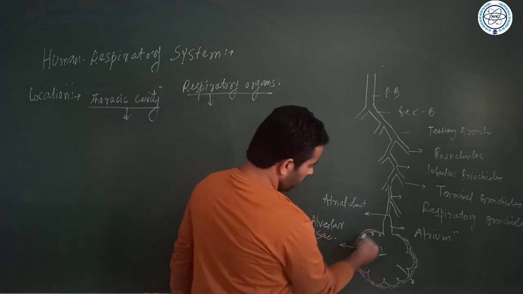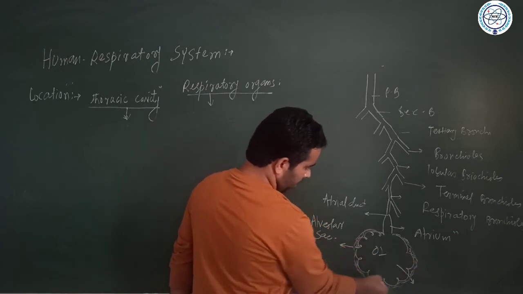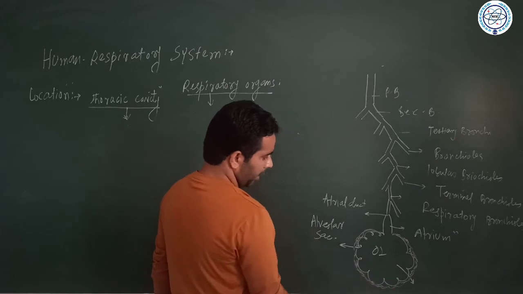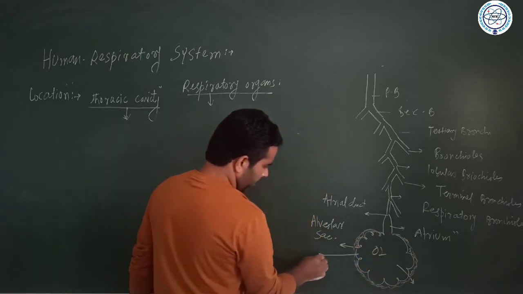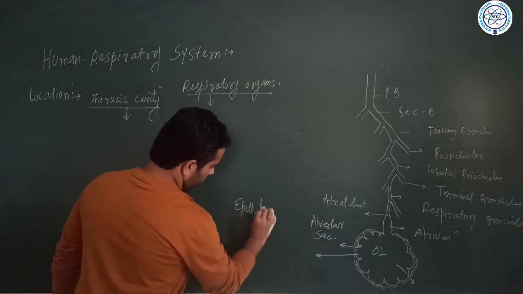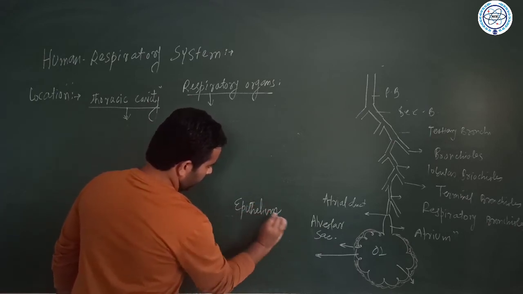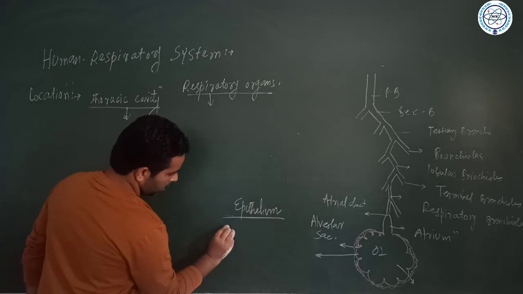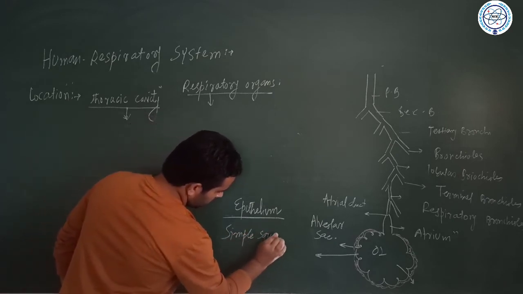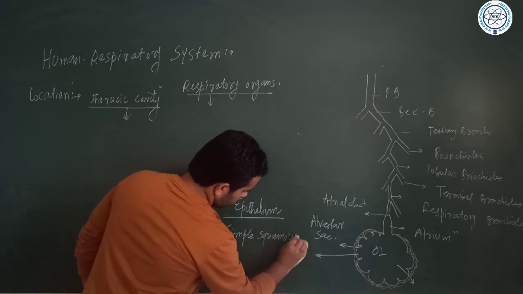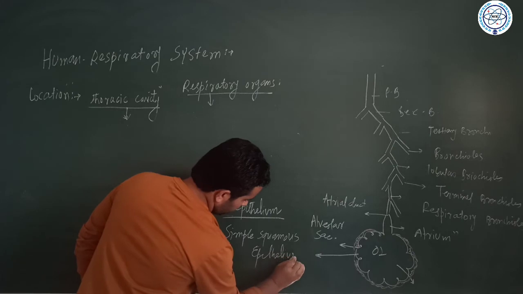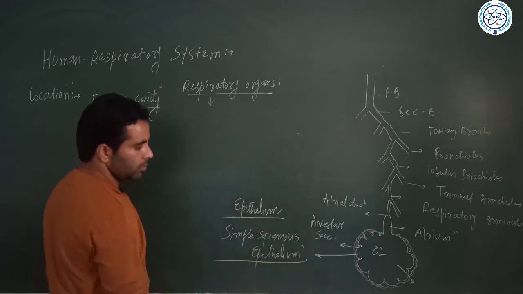So here you have to understand this lung alveoli, which is supplied by the fine blood capillaries outside, right? But this lung alveoli is lined by an epithelium, and that epithelium is known as simple squamous epithelium.